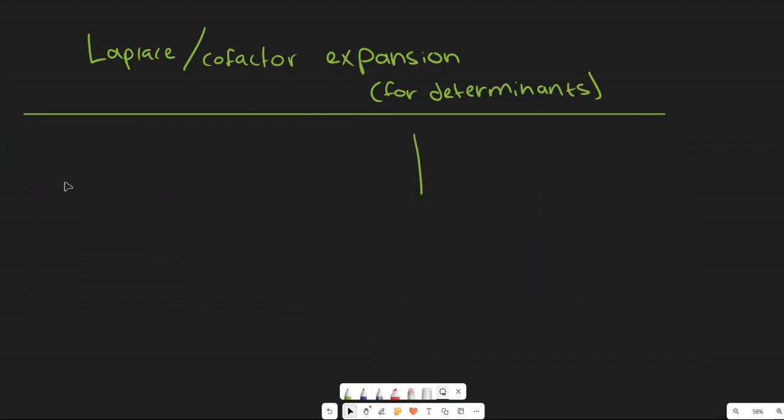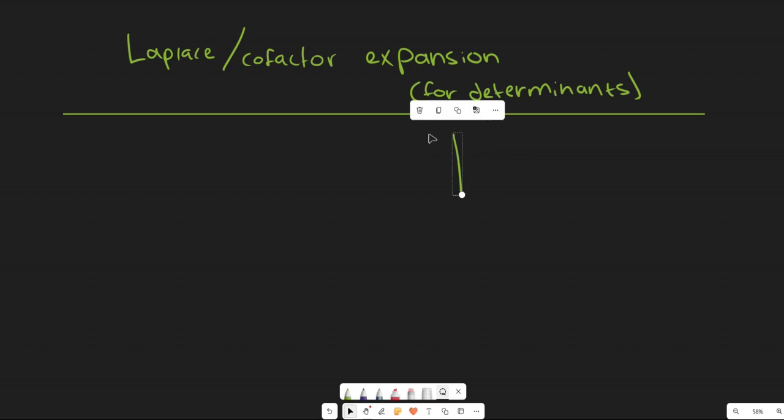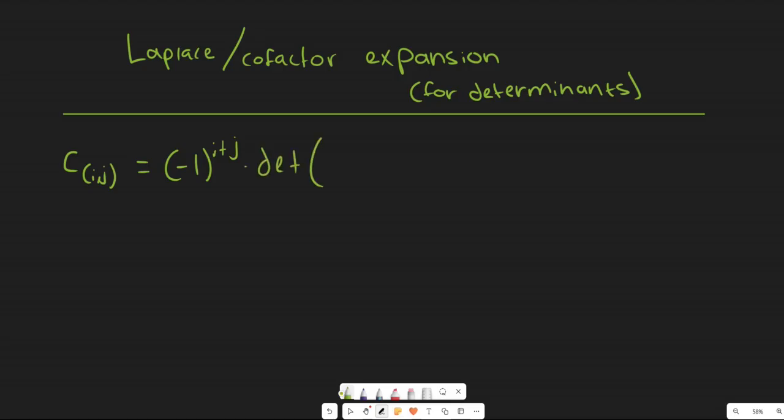So let's just go through the formula real quick. We're going to start off with cofactor expansion, and then we're going to link it to determinants. So basically, the formula for a Laplace or a cofactor expansion is Cij equals -1 to the i plus j multiplied by the determinant of your new matrix, which is Aij.